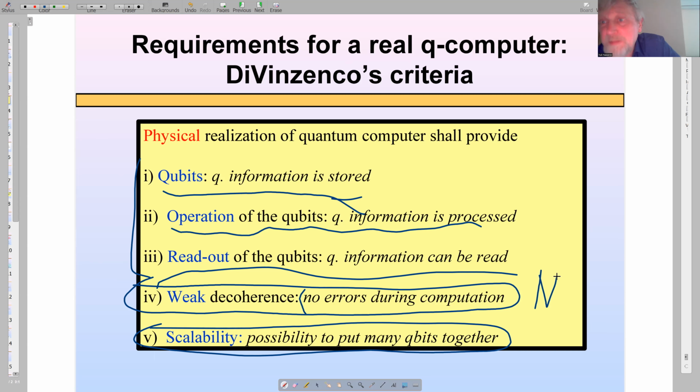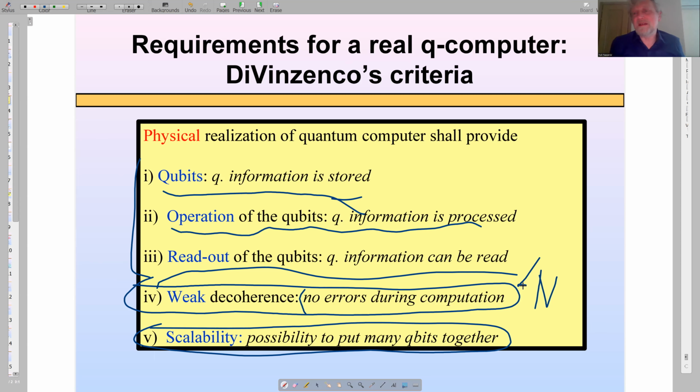Usually, it's not about the speed of computation, though there are issues with speed: to combat decoherence, interaction with the external world should take some time to be realized.